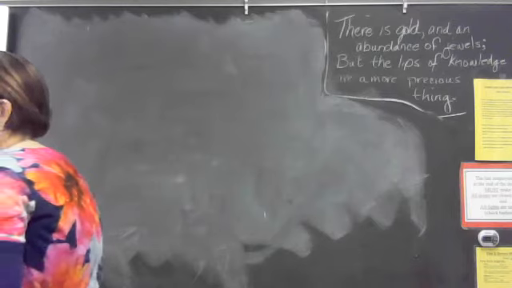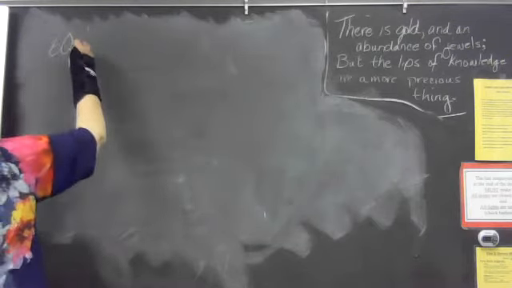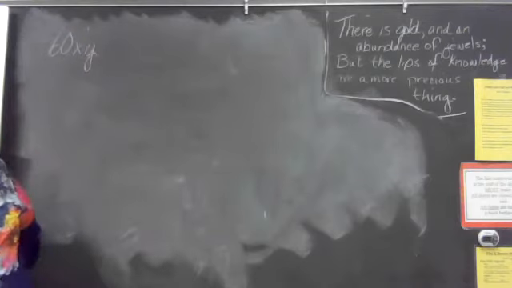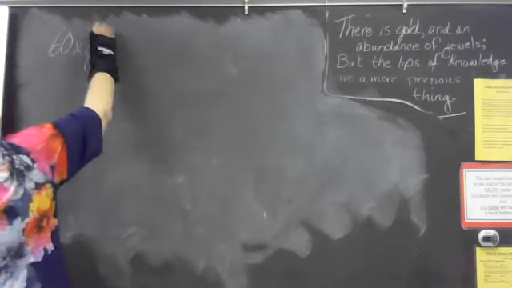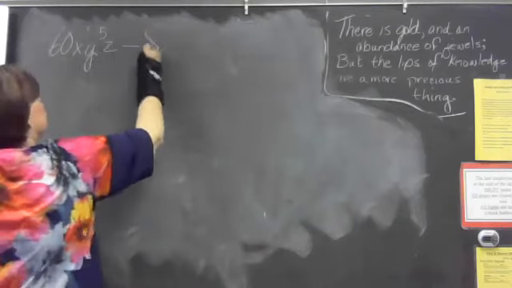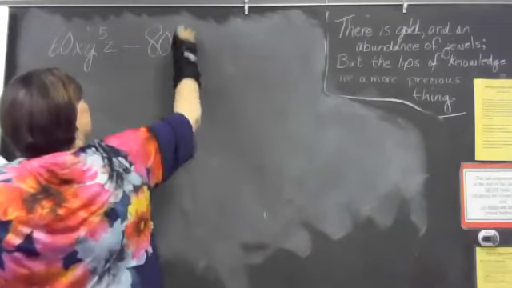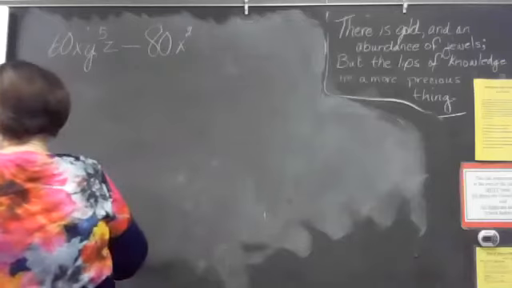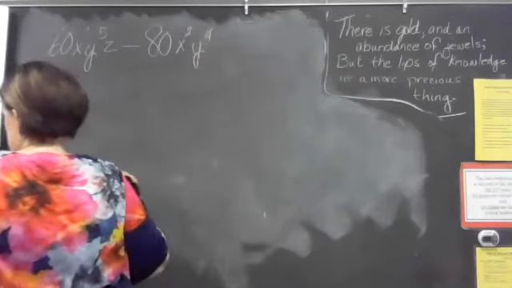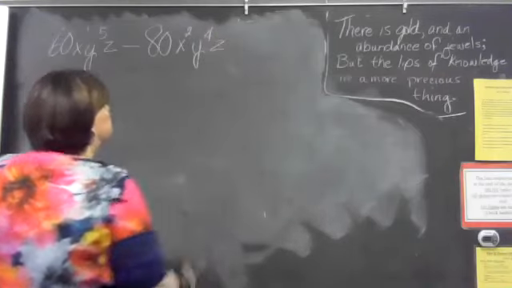Let's do 7. 60xy to the 5th z minus 80x squared y to the 4th. Oh, that is scary. It shouldn't look as scary as it did before I started today.